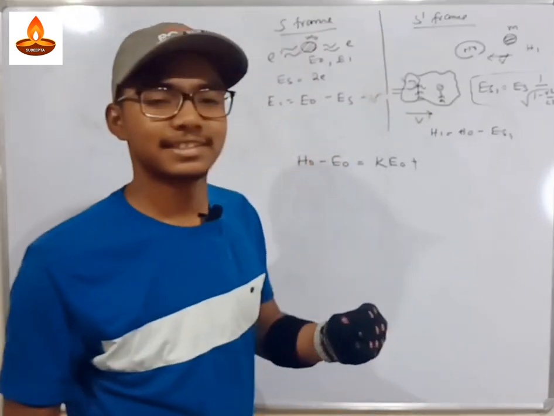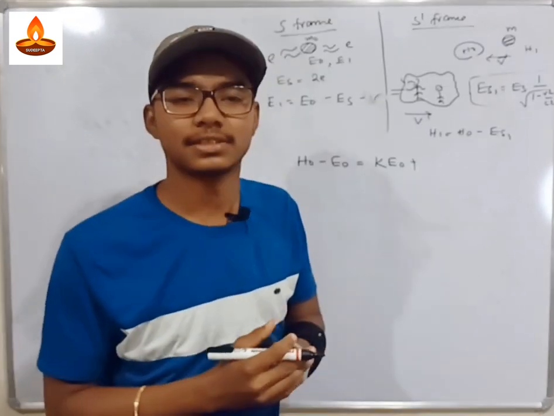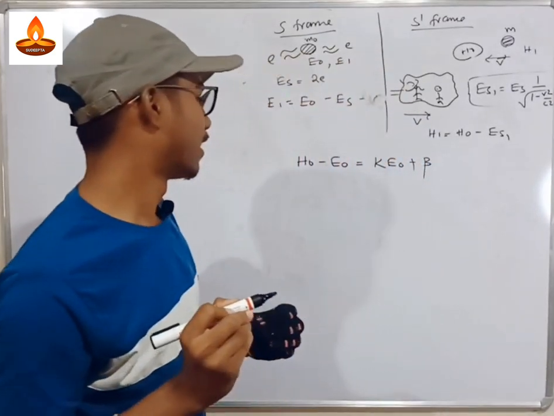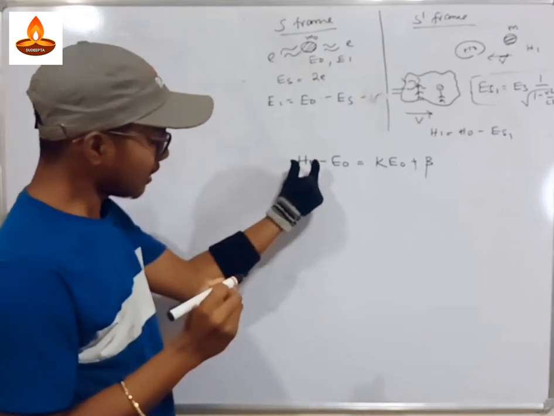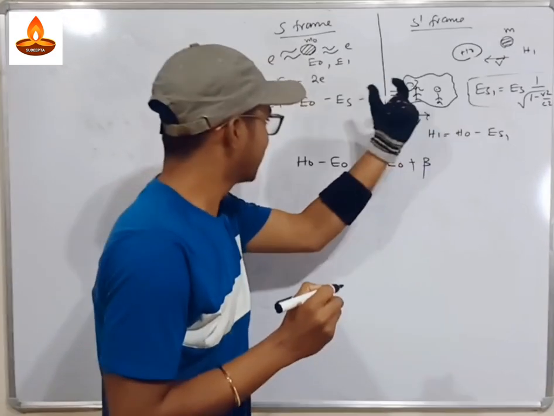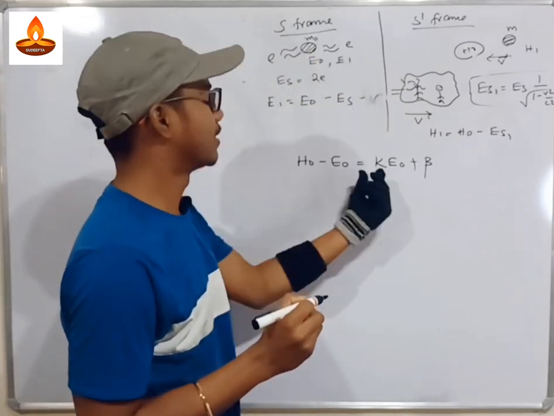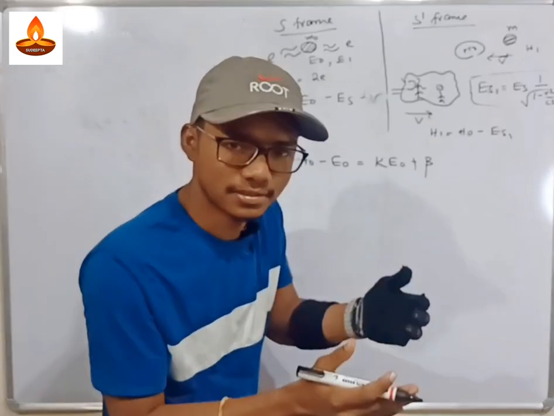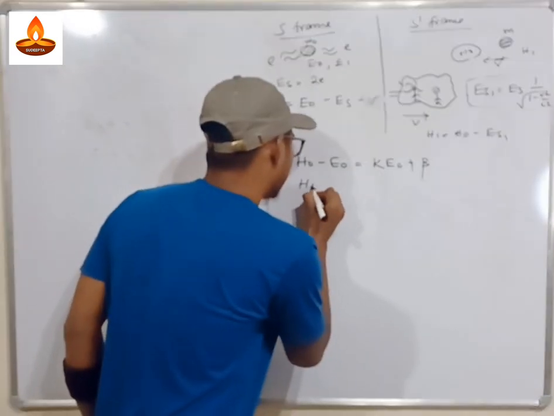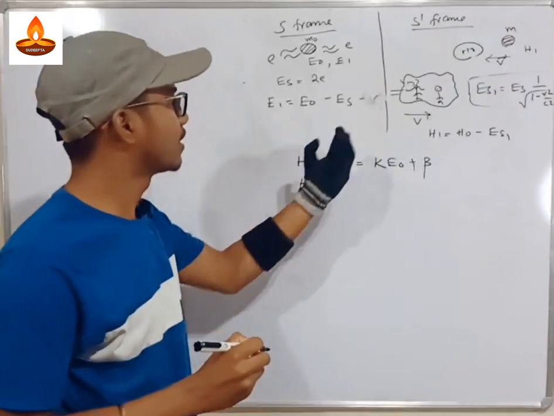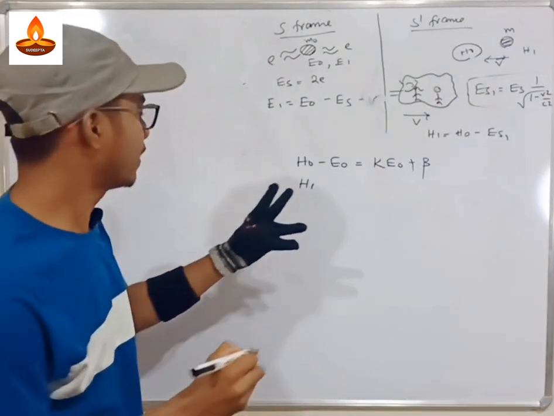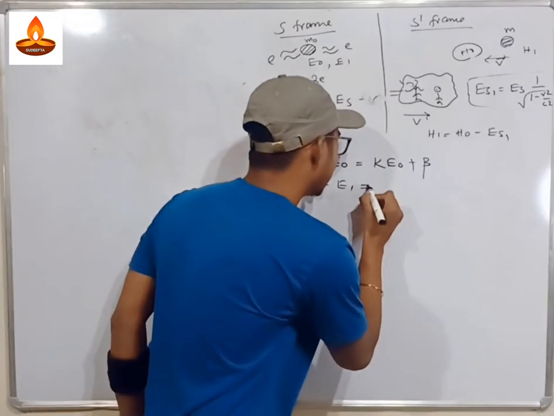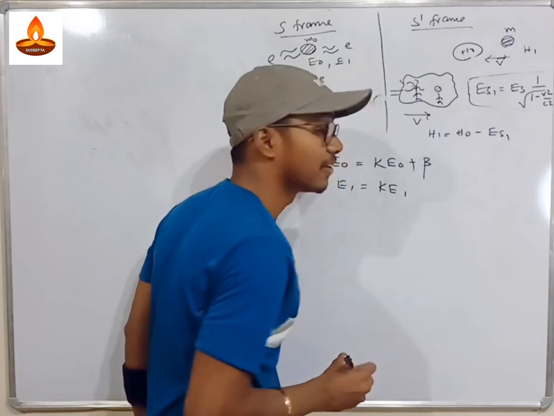I don't take c, because then you will say this is the speed of light. I will take beta. So before emission, the difference in energy is equal to some kinetic energy before emission. Same thing: H1 is the energy after emission of that atom, then minus E1, the energy after emission. That is equal to some kinetic energy after emission.